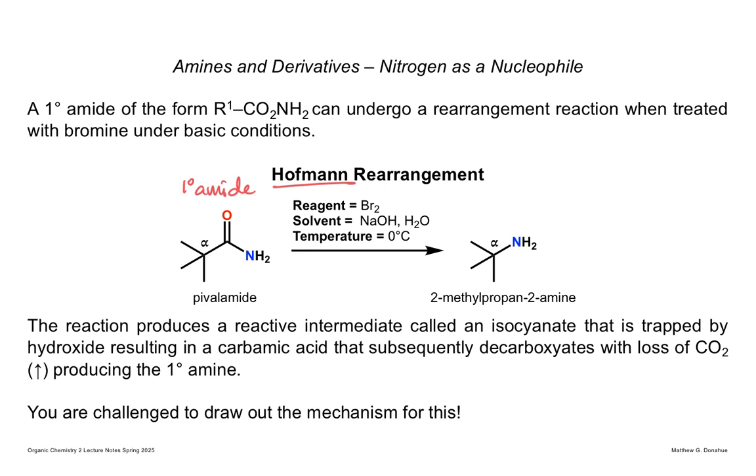And then you're going to treat with molecular bromine, Br2, under basic conditions with sodium hydroxide and water. And what you see in the product is basically you're sort of excising or removing that carbonyl group. So this carbon in red immediately gets bonded to the nitrogen.